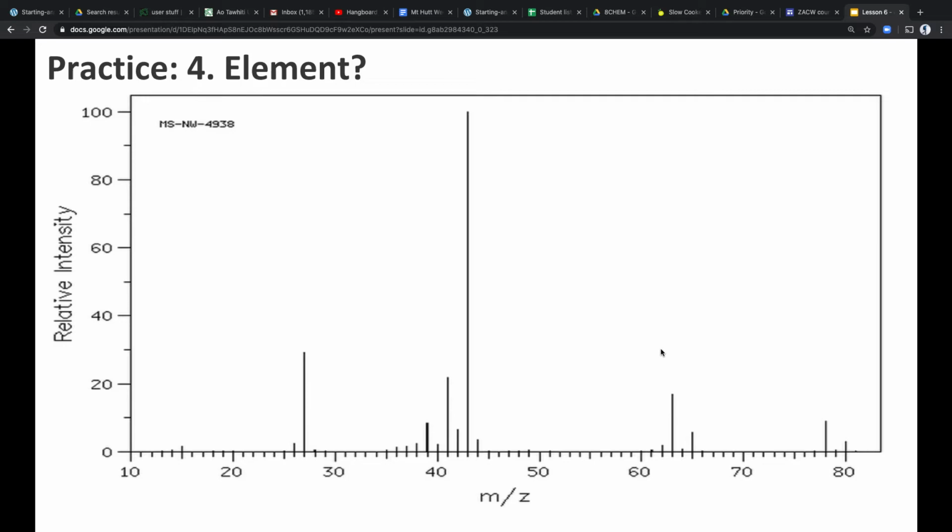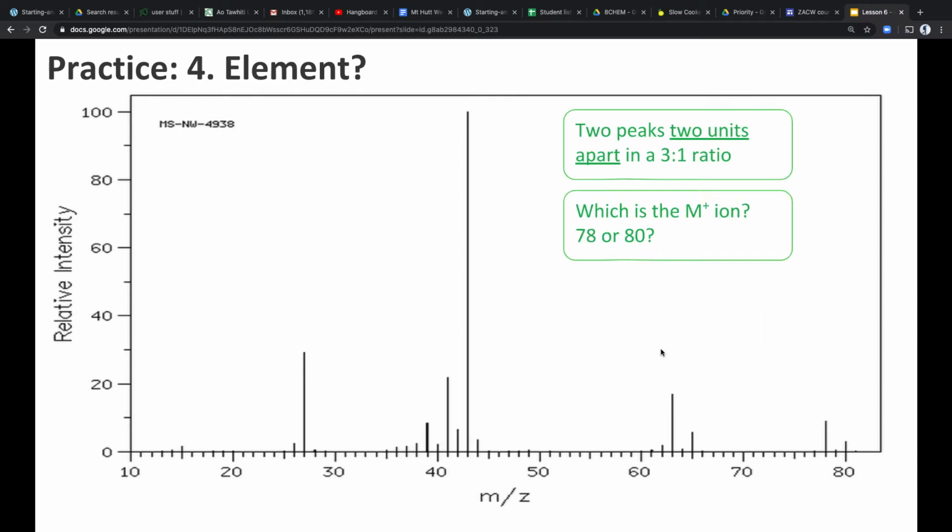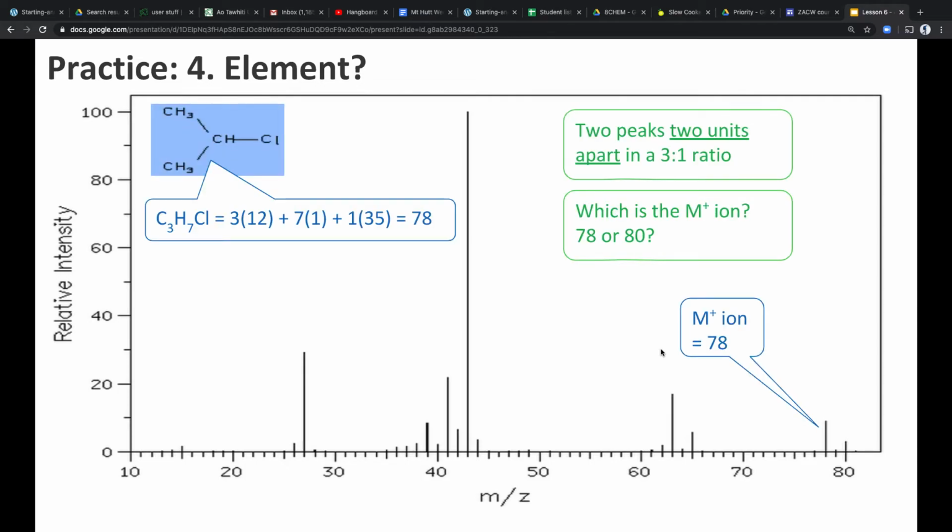So this fragment contains chlorine. Not all the fragments, like these ones down here, have that ratio, and chlorine is kind of heavy itself, so it can't be in there. But really good. Those are easy to spot.